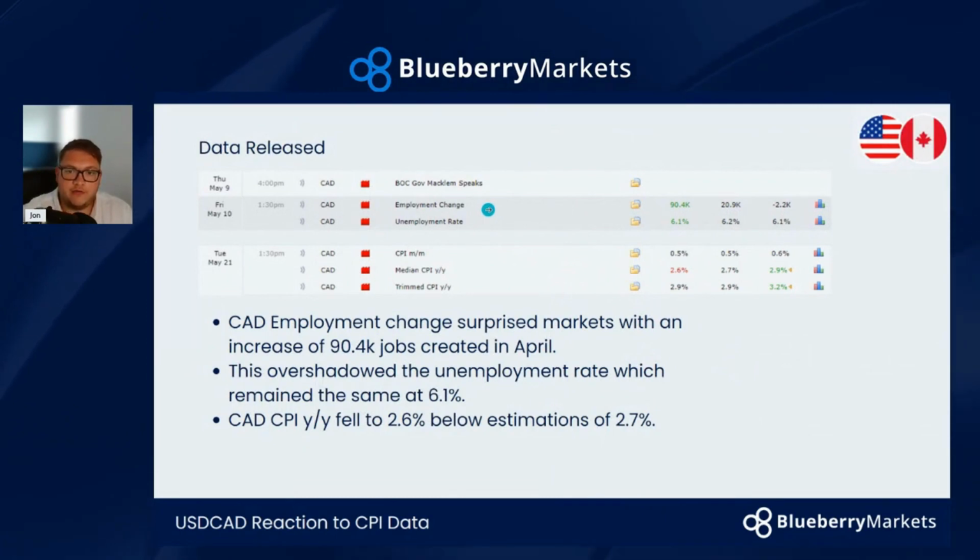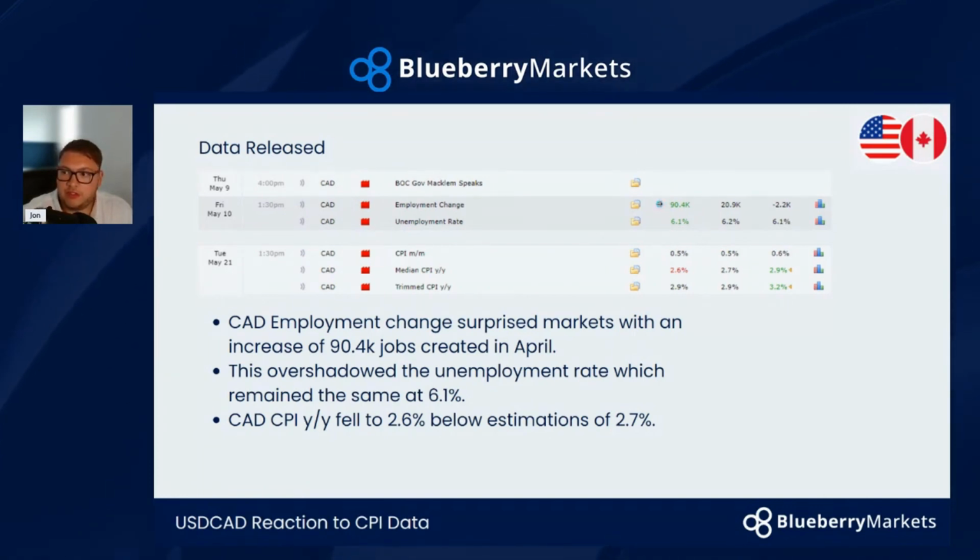There's not been a huge amount of data out of Canada this month so far. We do have GDP data coming up shortly towards the end of the month, which we will take note of. But what was really interesting at the start of the month was the employment change in Canada. We had a really surprising move.